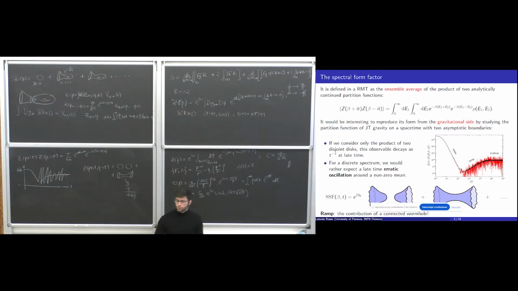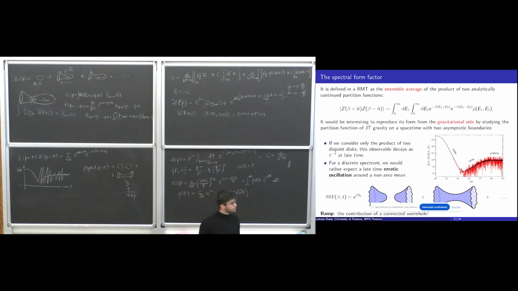So you may argue, let us include higher genus topologies, the cylinder with a hole or two holes and so on, and we will be able to recover also the plateau. Well, this is wrong. This is not enough. All the other contributions, with the exception of these two, will be decaying at late times. And so there is no hope from this expansion to recover the correct form of the observable.